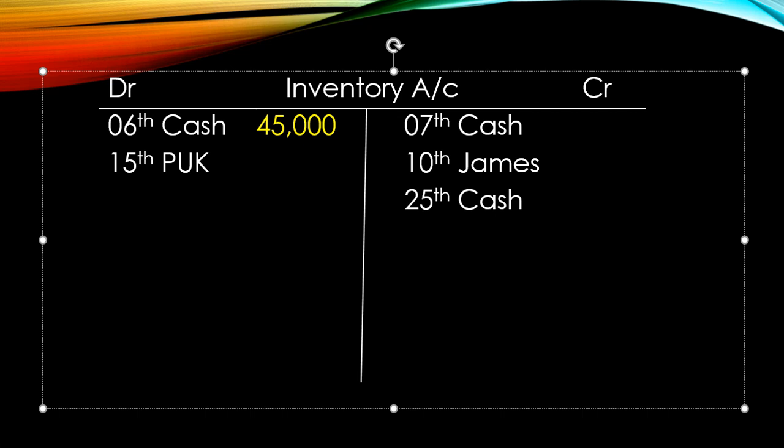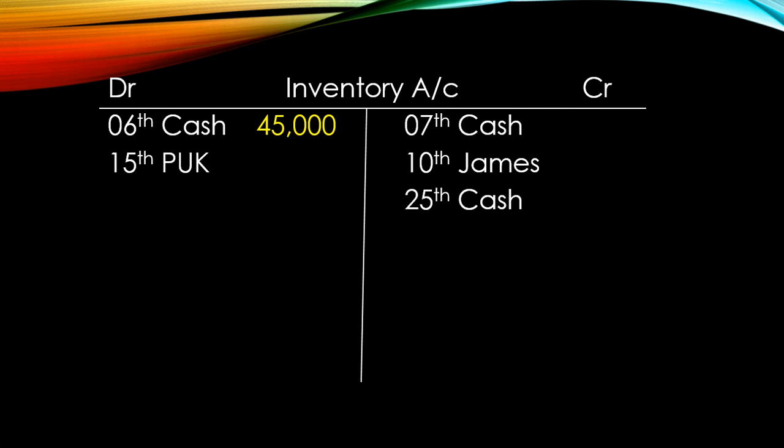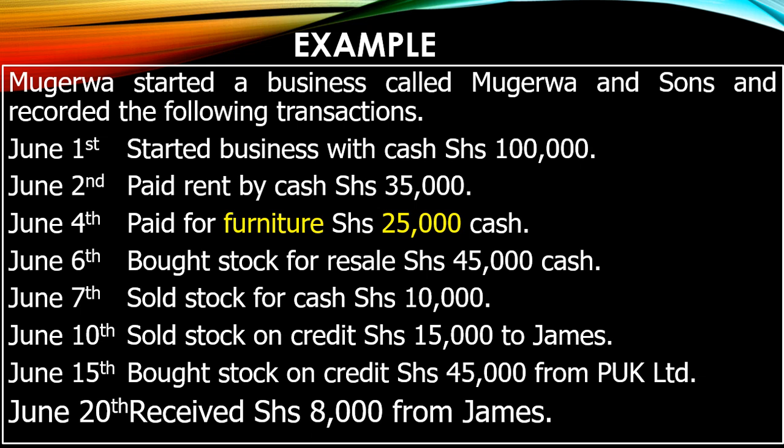There we are. That transaction of the 6th is also done. Double entry means record a transaction twice. There must be a losing side, there must be a gaining side, therefore debit a corresponding account. Then that one is worked out.